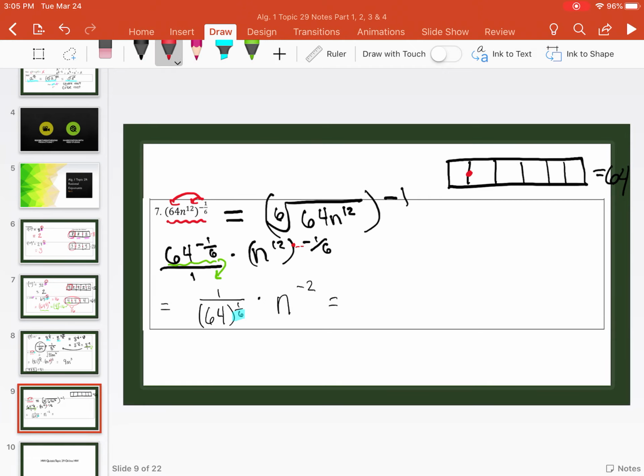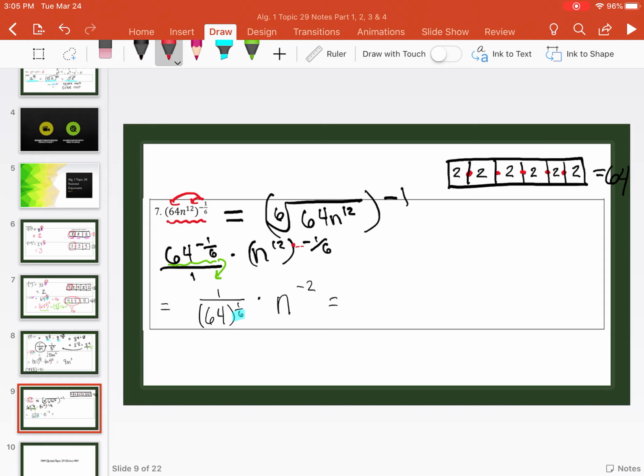And we're going to be multiplying. So what number times itself 6 times gets us 64? Well, 2 times 2 is 4, times 2 again is 8, times 2 again is 16, times 2 again is 32, times 2 again is 64, so it's 2.